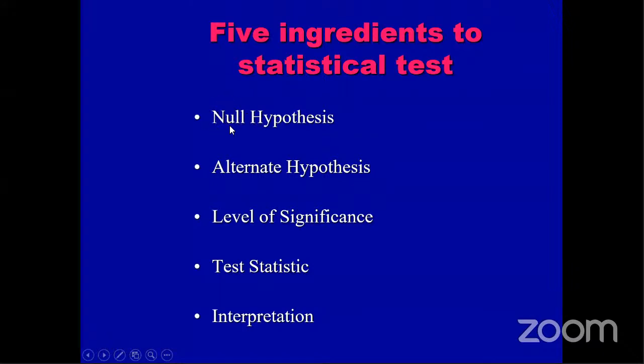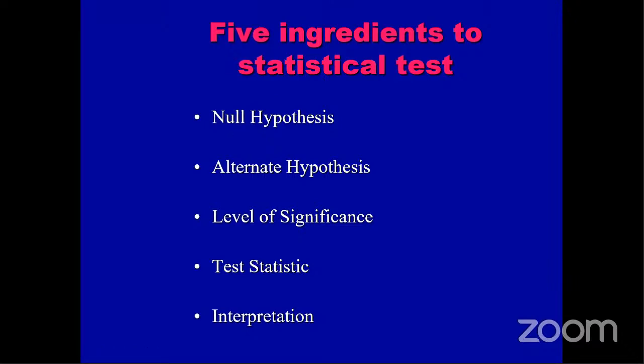We are not dealing here with a specific individual, we are dealing with groups. That is the main thing in testing of hypothesis. We are not dealing here with any univariate cases, which I'm going to discuss now. Null means there is nothing.